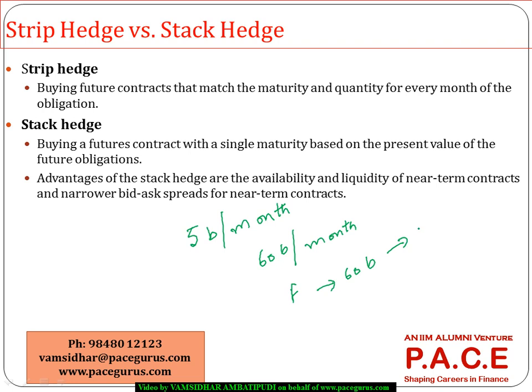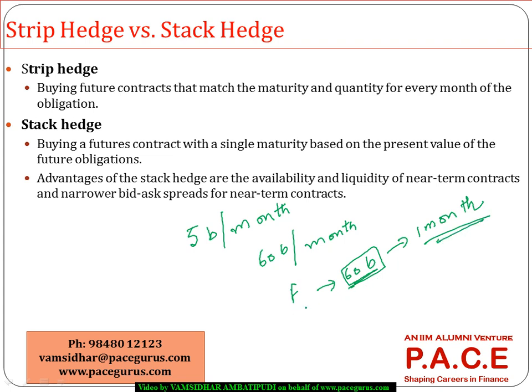But this is for 1 month futures only, because you don't have 12 future contracts for 12 months. Let's assume that you have only 1 month expiring future contracts, not for 1 year. In the case of stack and roll hedging, because you require 60 barrels in the next 1 year, you will enter the futures market for the entire 60 barrels in the 1 month futures itself.